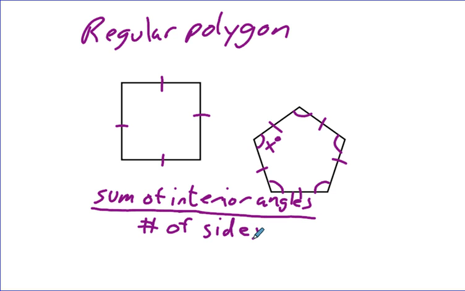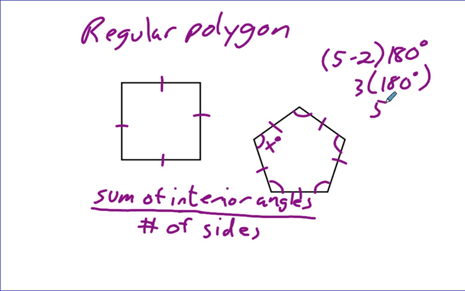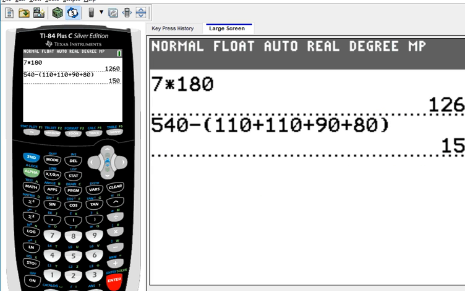So for example, this regular pentagon, if we use our formula, 5 minus 2 times 180, 3 times 180 degrees, we know that the 5 angles have to add up to 540 degrees. So if we divide that 540 degrees by 5, it'll tell us what each one is.